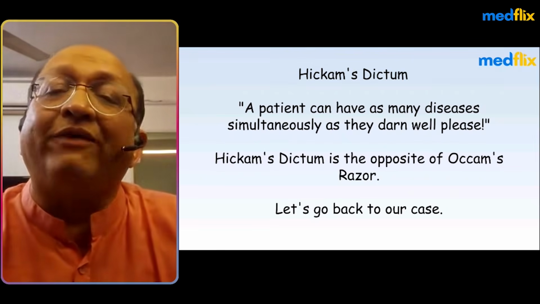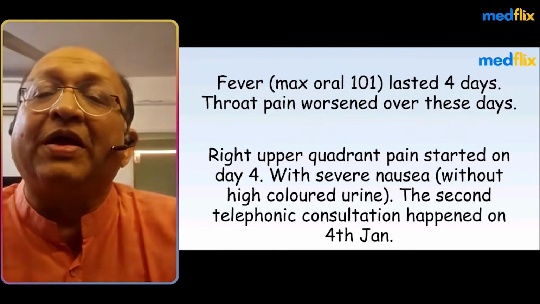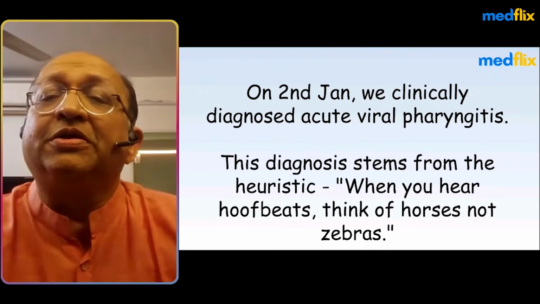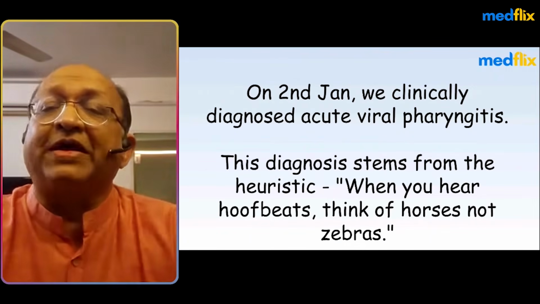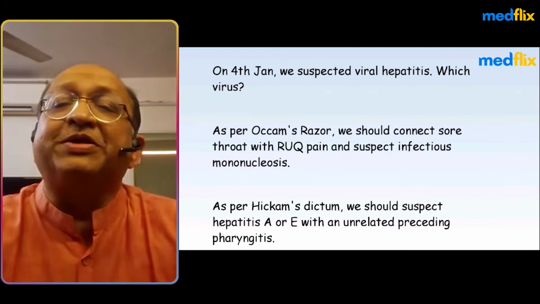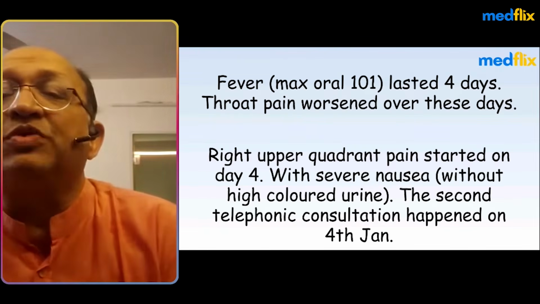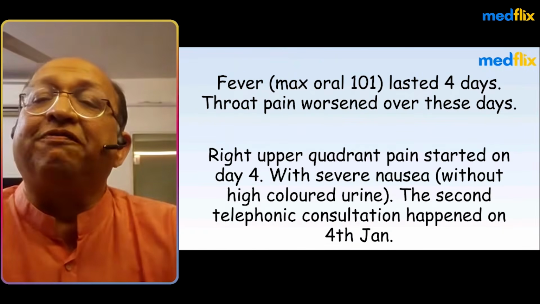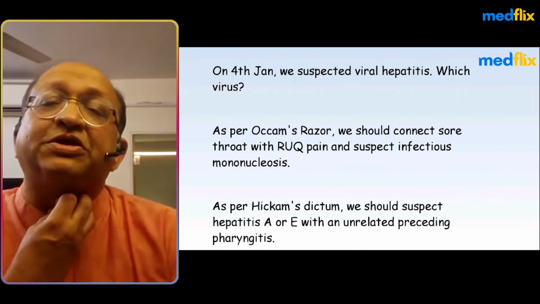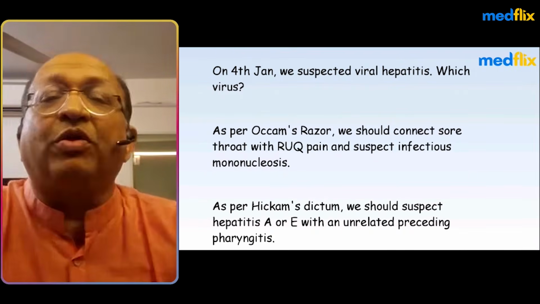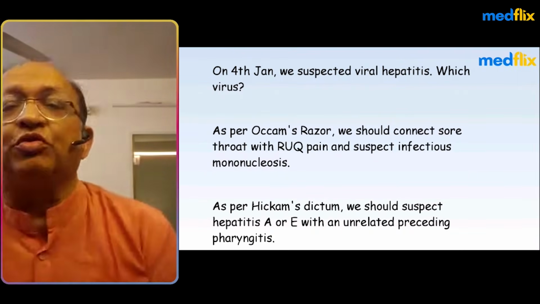Now let us go back to our case. This patient had throat symptoms, pharyngitis. Then this patient had hepatitis symptoms with pain. As I said, if we use Occam's razor, we say this is infectious mononucleosis and the upper quadrant pain is hepatitis of infectious mononucleosis.